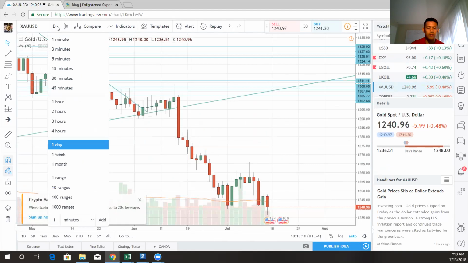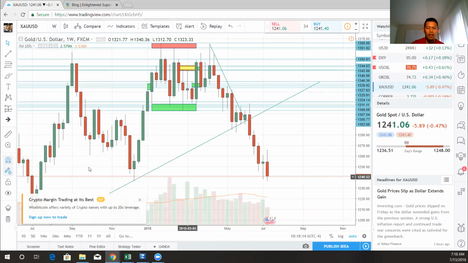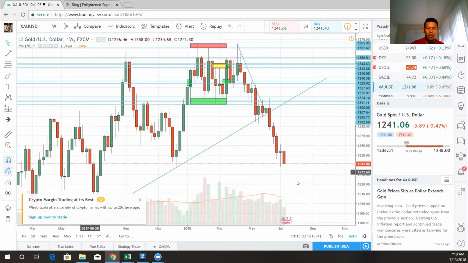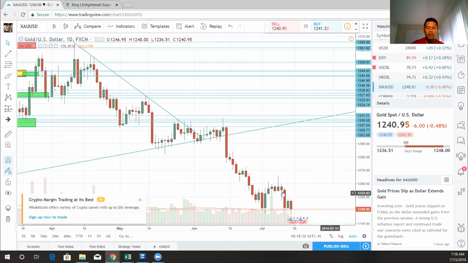All right, gold. Gold is currently stabilizing itself at an area of demand. From a stability, you want a correction, then a continuation. In my opinion, around here is still a good area of demand, around 1230. So still bearish with neutrality, and I have no doubt this is also going to rebound.